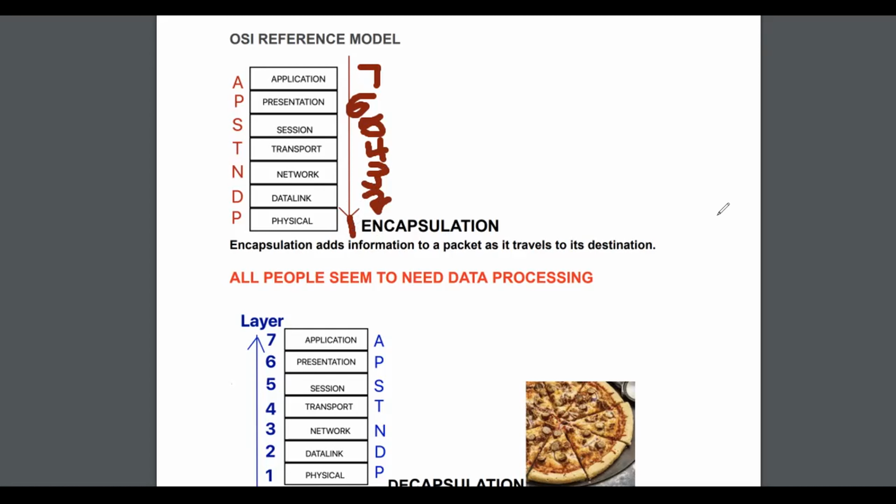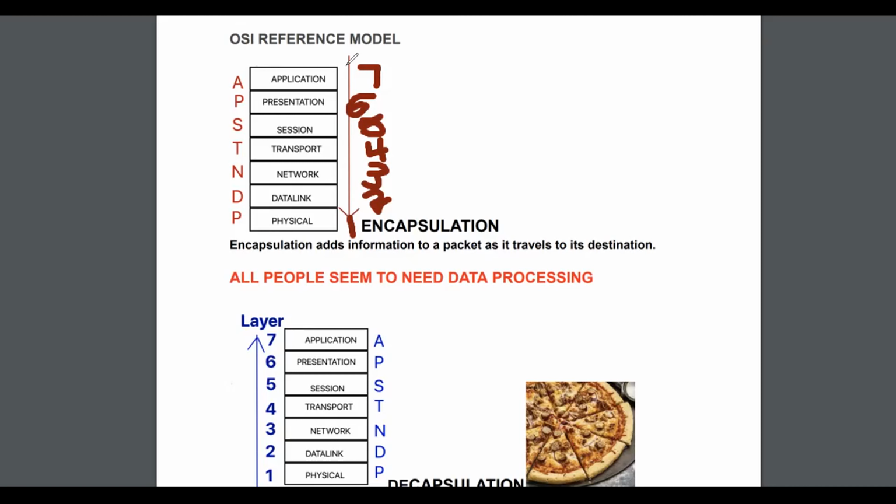Let's start by explaining how this model works. There is something we call encapsulation. Since our model is labeled from top to bottom, that's 7 to 1, the process of encapsulation is when packets have information added as they go down the model until they reach their destination.